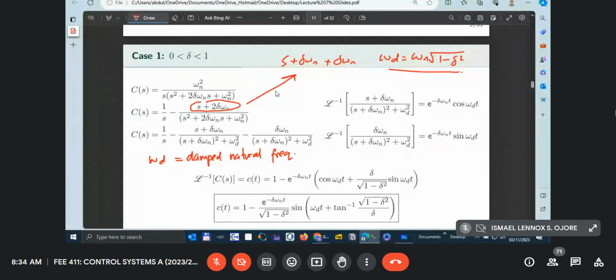So once you have that, you can apply the inverse Laplace from the tables, and this is what you will get, right? In the notes which I shared yesterday, you can follow a different derivation, which is more logical, where you get residues using partial fractions, and then from there you insert those residues back and then take the inverse.